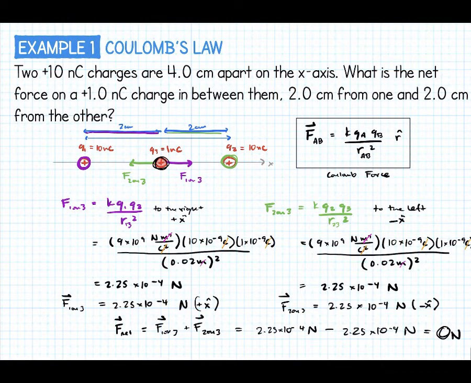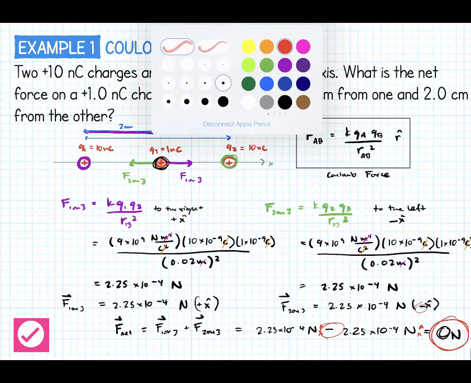That's our answer. And we're going to make that right there. And that's in the x direction, but it doesn't matter because it's 0. Remember, this is x hat and this is x hat. We left that out. But since we moved to the negative over here, that's where the negative from there goes.